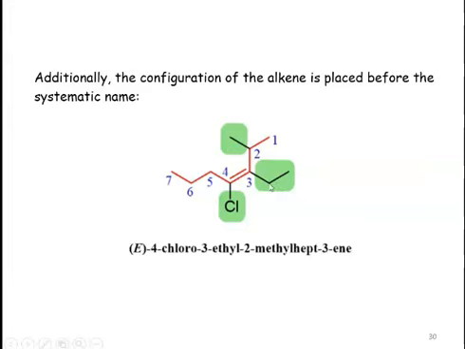That means this carbon is attached to two hydrogen atoms on two sides, and on one side it is attached to another CH3 group. So this one has higher priority as compared to this one. If we remember the priority list, we can easily say.